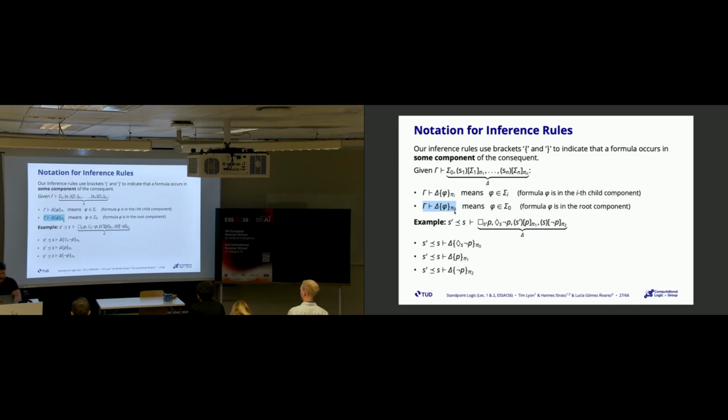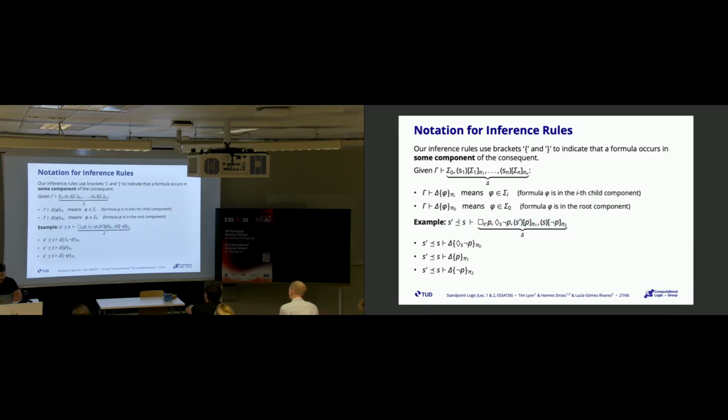And if I have a nested sequent where I have delta on the right-hand side, and I have this set notation with a phi occurring inside, and a pi naught tagging it, this means that the formula phi occurs at the root component. Okay? So we specifically reserve this label pi naught to denote the root component, and then we use pi i's to reference child components inside of the nested sequent, which is encoding this tree of at most depth 1. Right? This will allow for us to represent our rules in our proof system in a very uniform and succinct manner.